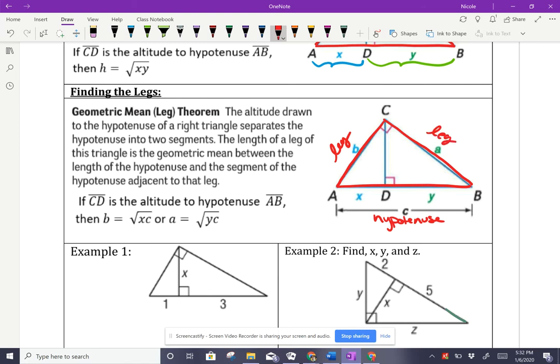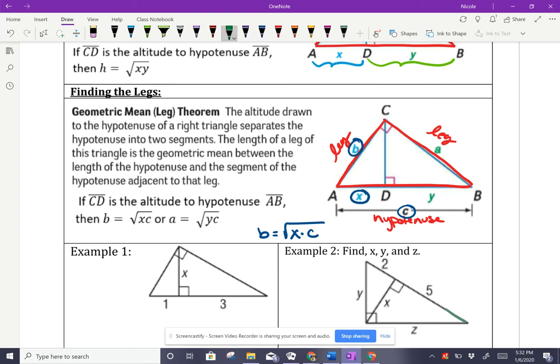So in order to find one of those legs, like B, for example, we're going to take X, which is adjacent to B, and multiply it by the entire length of our hypotenuse. So B is equal to the geometric mean, X times C.